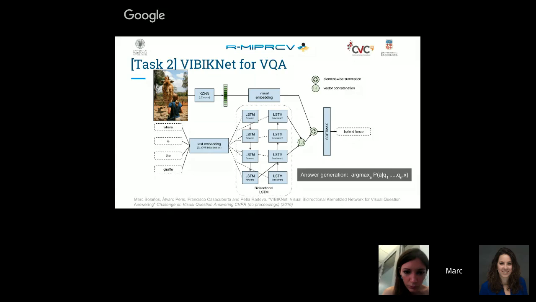So we just have to make sure that concatenating them has the same length as the visual one.